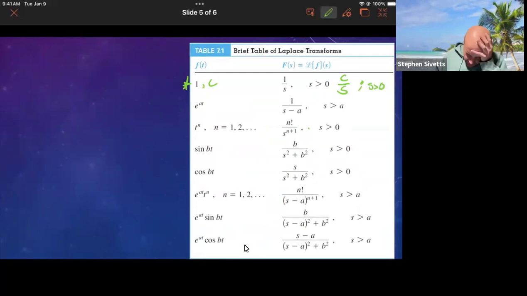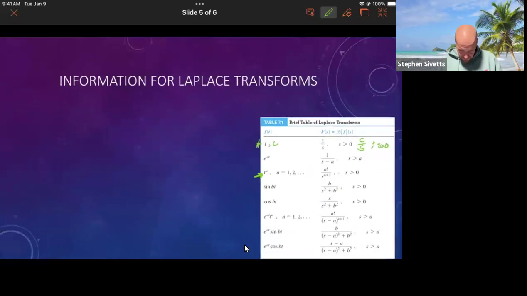Then e to the at, and any power t to the n, equal to n factorial over s to the n plus 1, and then sine of bt, cosine of bt, t to the n times e to the at, and then e to the at sine of bt and e to the at times cosine of bt. Those are the notable Laplace transforms that you need to know.